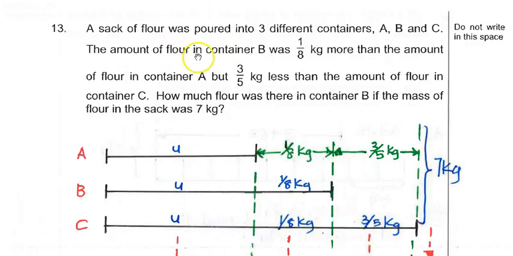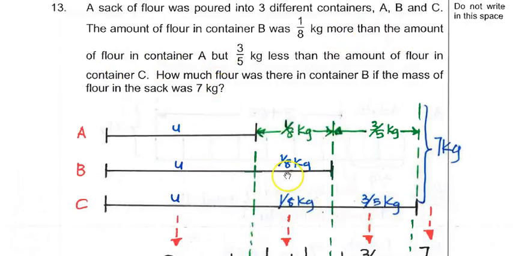The amount of flour in container B was 1/8 more than the amount of flour in container A. Compare, look here. Look at the black line. This is not counted. This is just to show you the difference. Now this actually has the weight here.